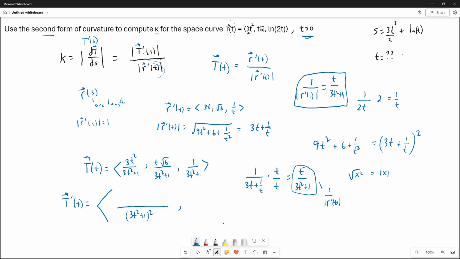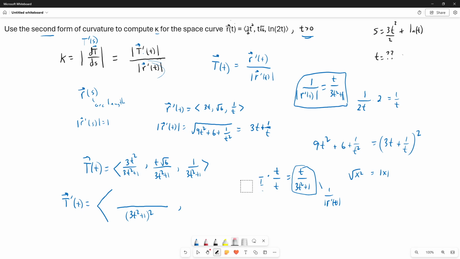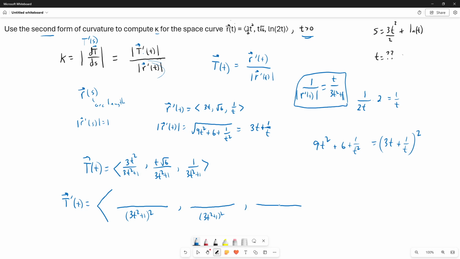We need that, but it's in the way of our upcoming derivative here. The second fraction is also going to have 3t squared plus 1 squared, and the third fraction is also going to have 3t squared plus 1 quantity squared.